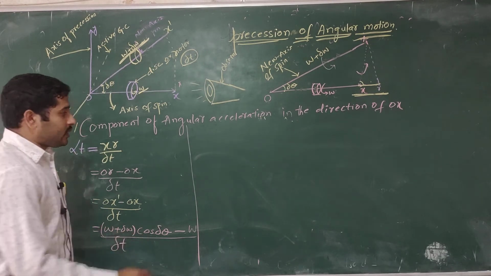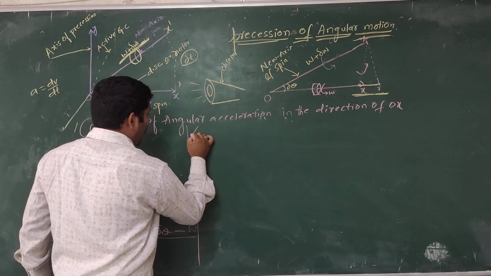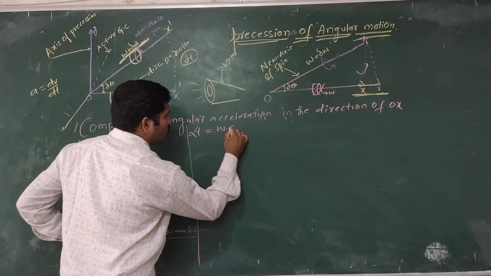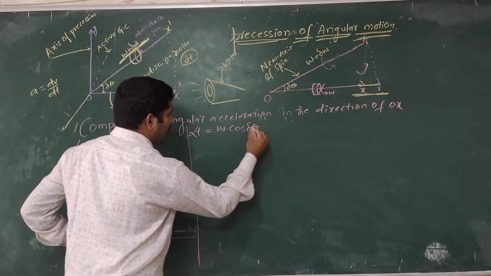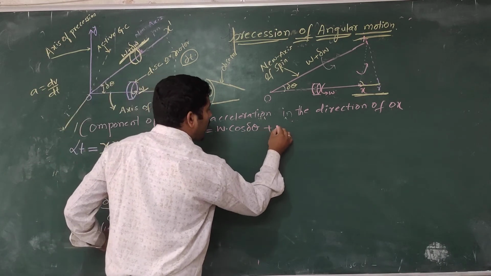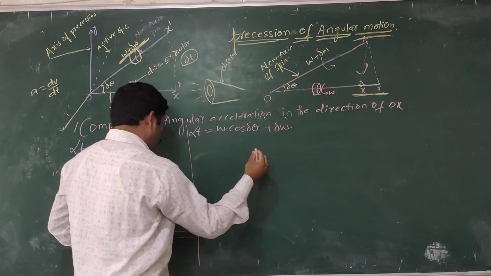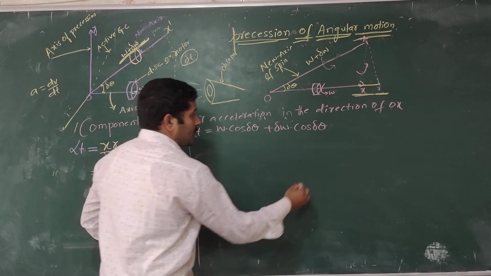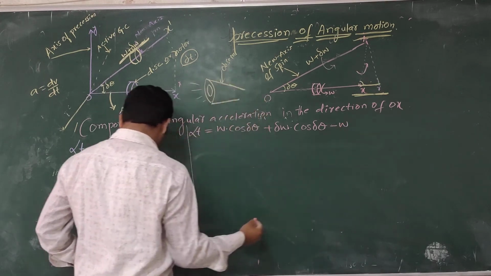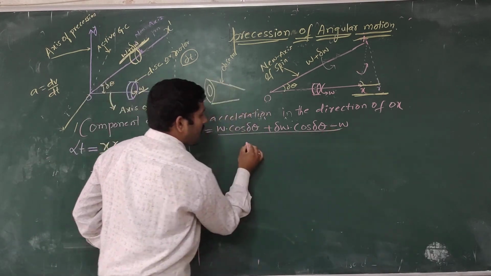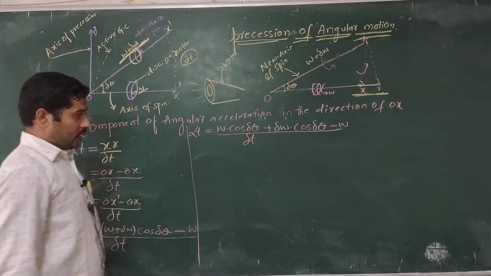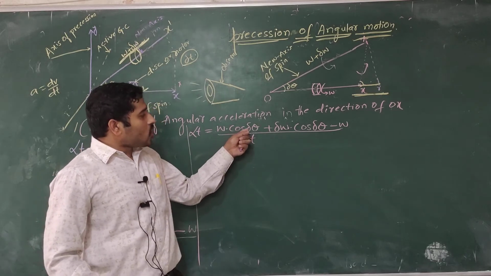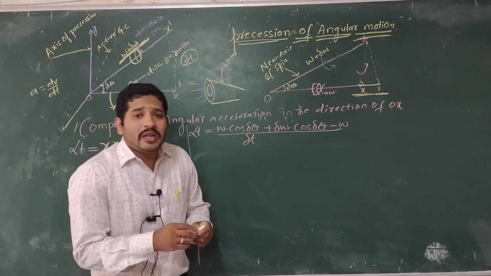Alpha t equals omega into cos delta theta plus delta omega into cos delta theta, minus omega, by change of time, delta t.